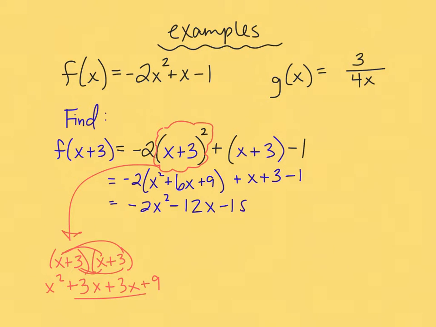A lot of negatives. And then I'm just going to combine those two in this step as well. All right, now we can combine like terms. There's only one quadratic term. And there's a linear term here and a linear term here. So we'll get -11x. And then there's a constant and another constant to give us -16.